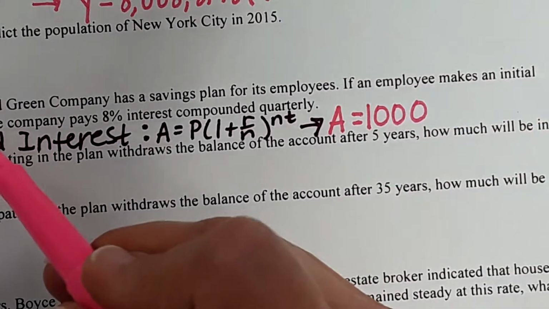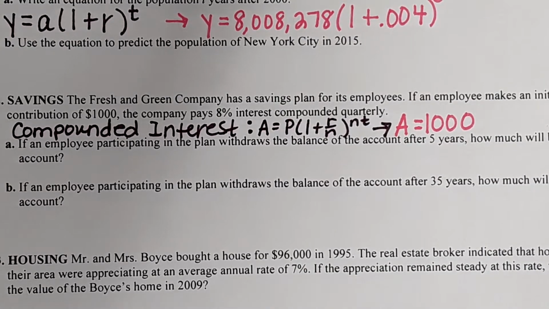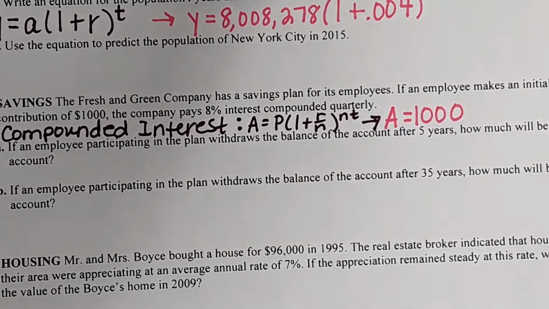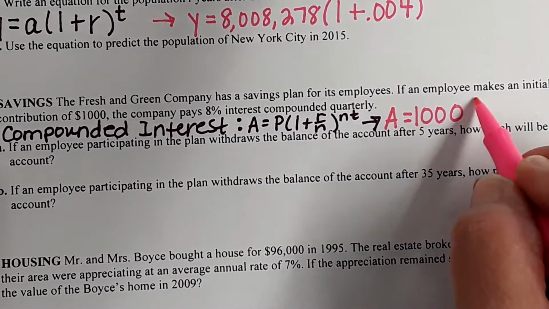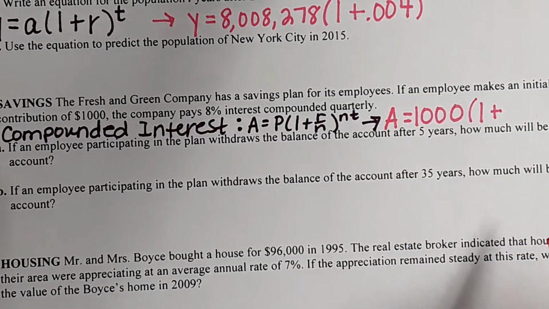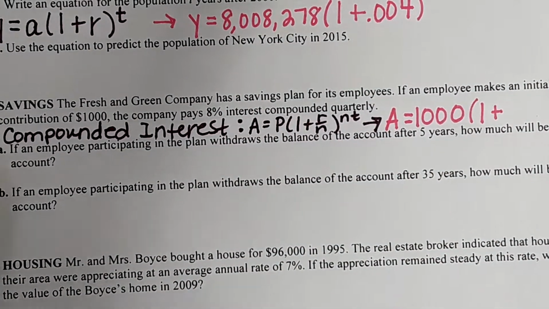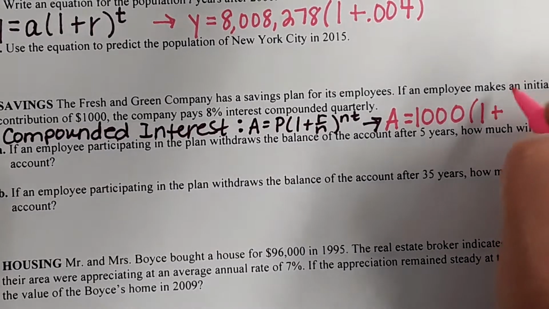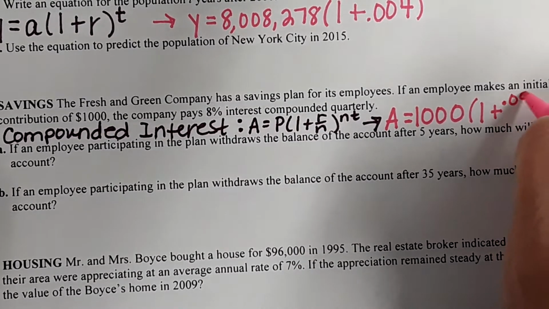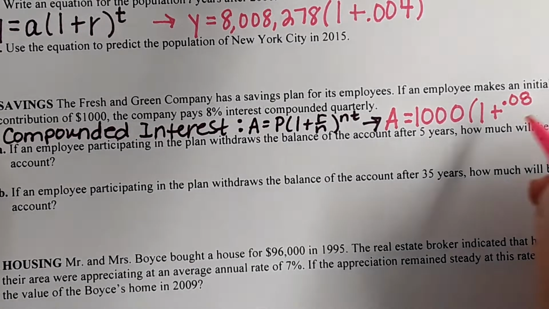So 1,000 is our starting point. The 1's going to stay there. What is my R? What is my rate? 8%. How do you write 8% as a decimal? Nope, just 0.08. The other one had 2 zeros in front of it because it was 0.4.